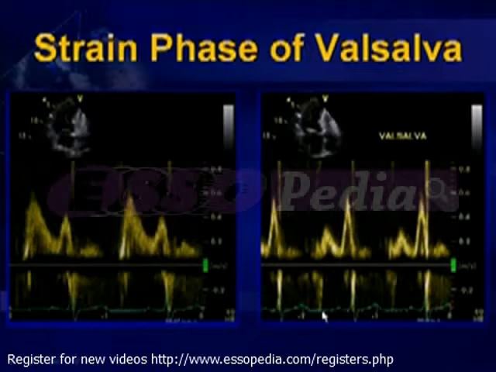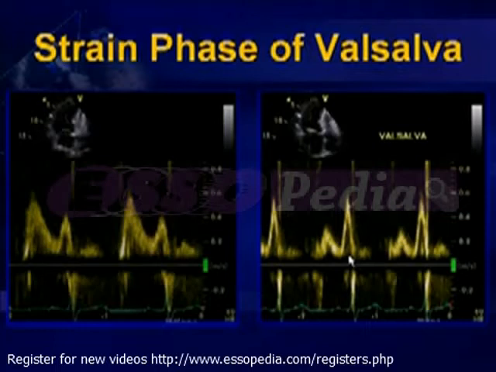As shown here, this conformational change in the mitral inflow velocity profile during the strain phase of the Valsalva maneuver. Now, how do you know that the individual has in fact given an adequate effort?